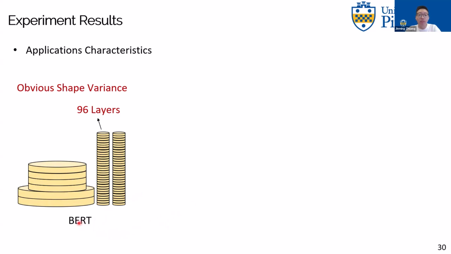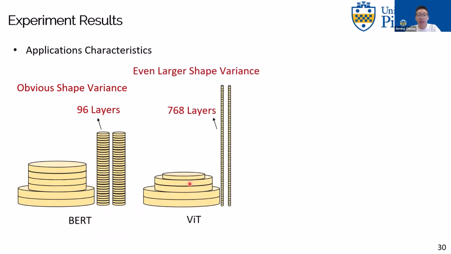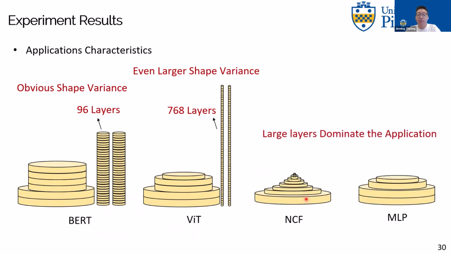So here, obvious shape variance can be observed in BERT. For ViT, the shape variance is even larger in terms of the variance in both the size and the number of larger and smaller layers. For NCF and MLP, the larger layer dominates the operations in the application.